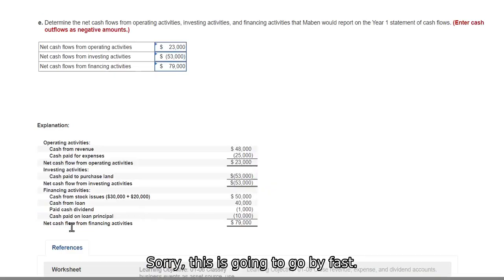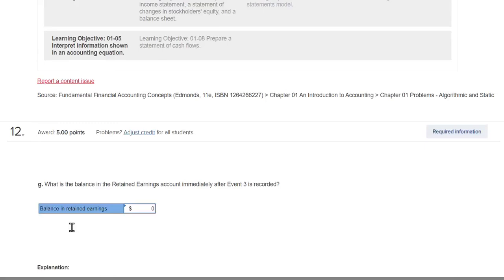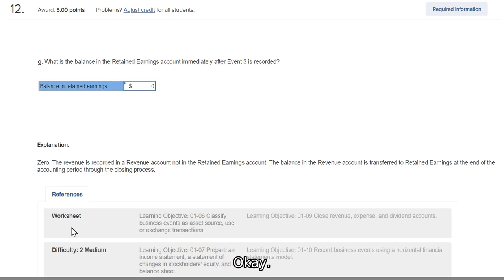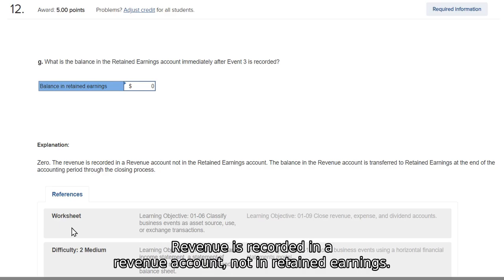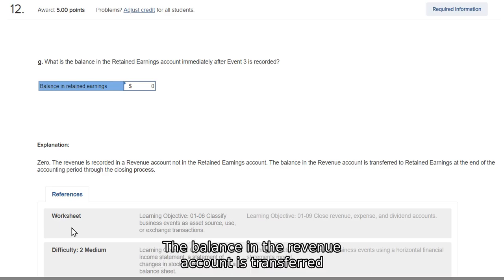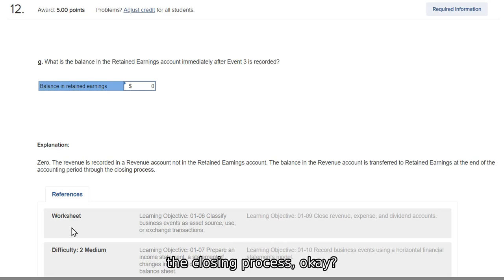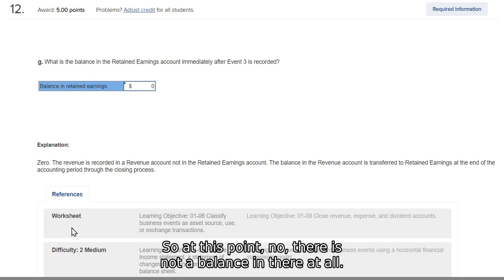It's all right. This is going to go by fast. As of right now, there's 0 balance in the retained earnings. Revenue is recorded in a revenue account, not in the retained earnings. The balance in the revenue account is transferred to retained earnings at the end of the accounting period through the closing process. So at this point, there is not a balance in there at all.